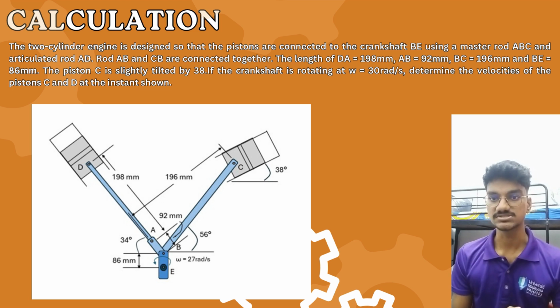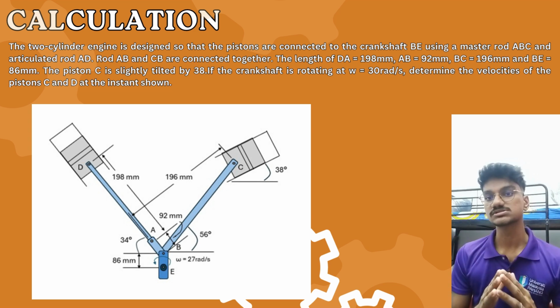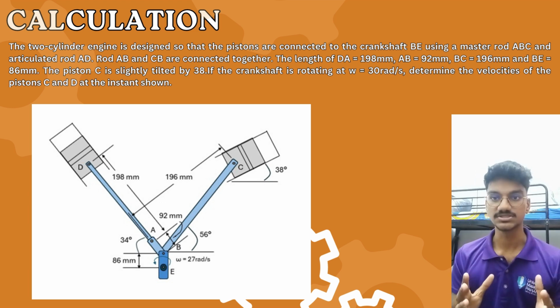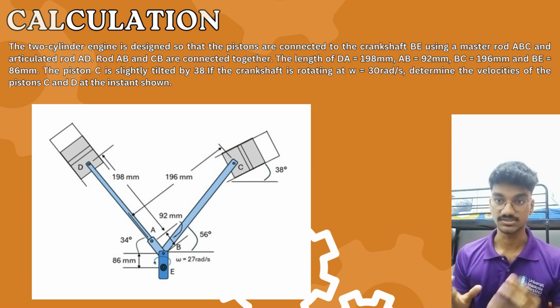The piston C is slightly tilted by 38 degrees. If the crankshaft is rotating at 30 radians per second, determine the velocities of the pistons C and D at the figure shown.